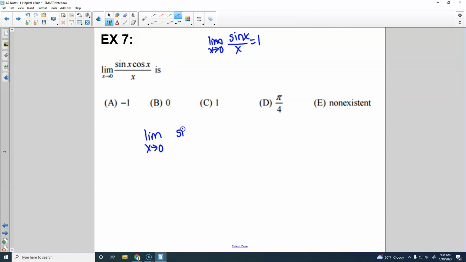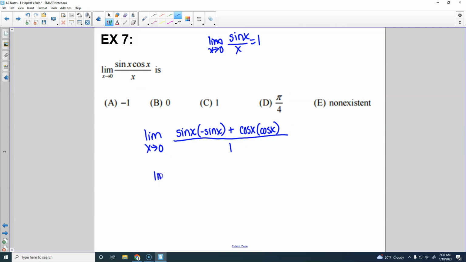So I would have sine x times the derivative of cosine x, which is negative sine x, plus cosine x times the derivative of sine x, which is cosine x, over the derivative of x, which is 1.